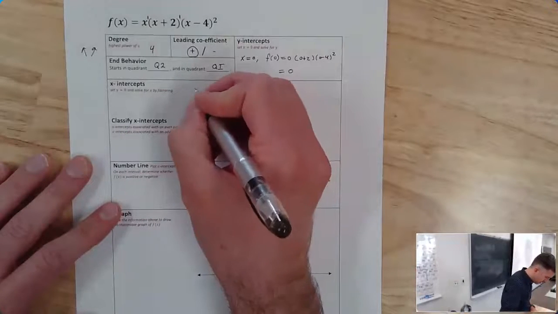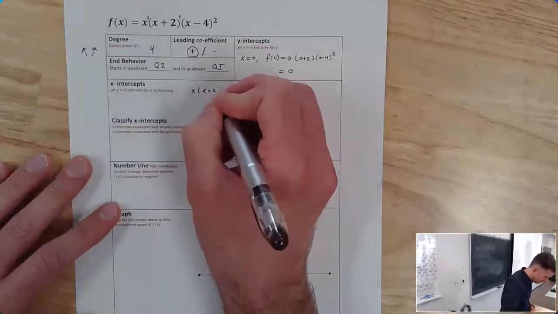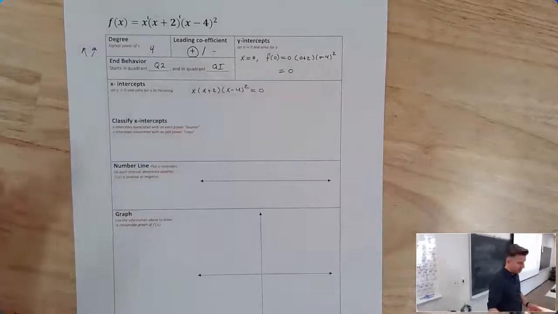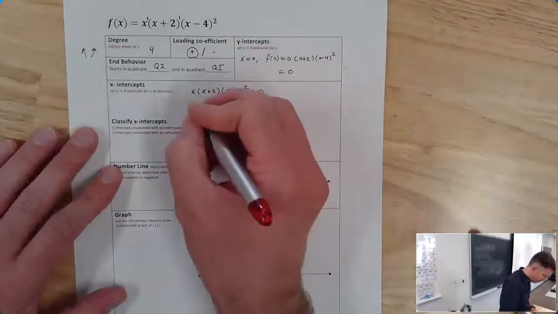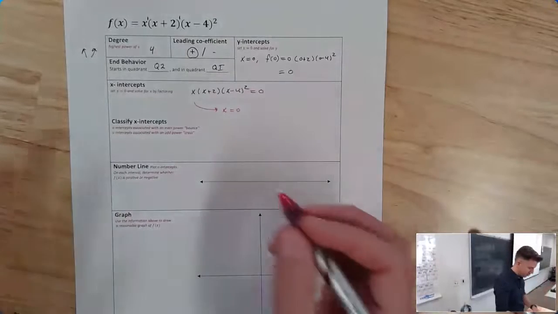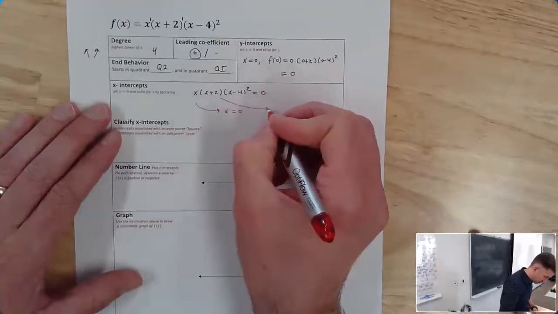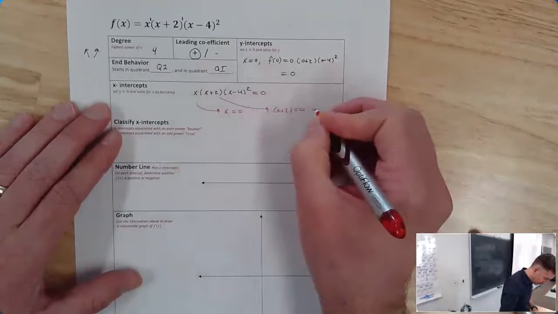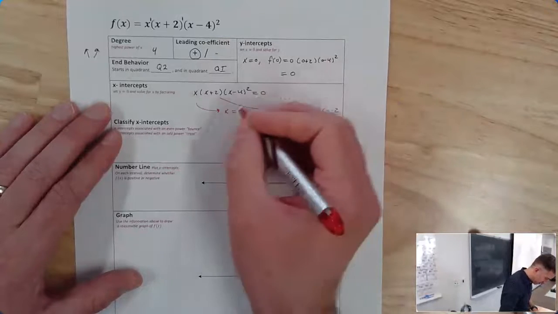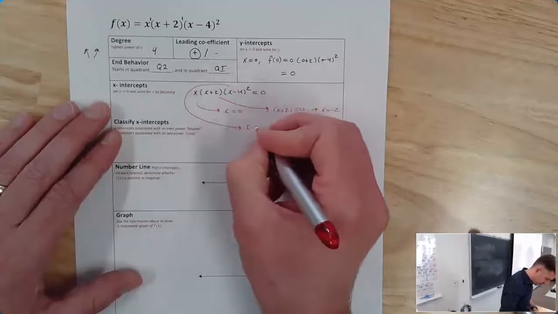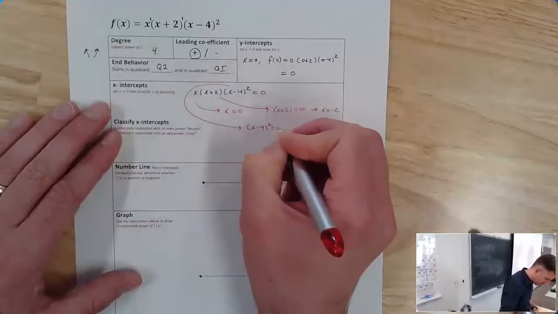All right, x-intercepts. So we're just going to set the whole thing, x times x plus 2 times x minus 4 squared, equal to 0. And really, we're just setting each factor equal to 0. So we're setting x equal to 0 and getting x equal to 0. That's kind of boring. We're setting x plus 2 equal to 0 and getting x equal to negative 2. And we're setting x minus 4 squared equal to 0.